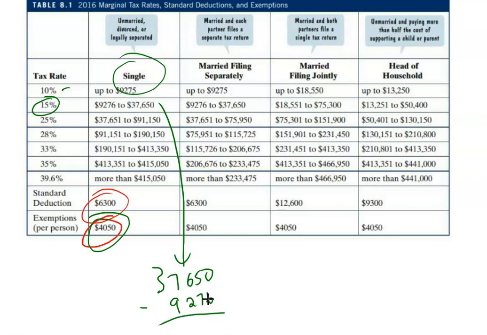Actually, I want to subtract out that first $9,275. So make sure you subtract this one from this one to get how much money is getting taxed in this range here.